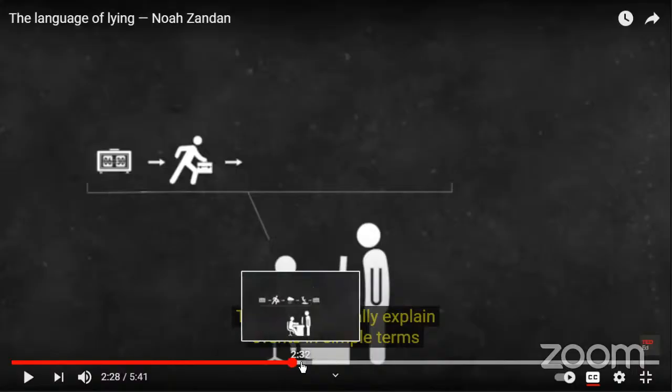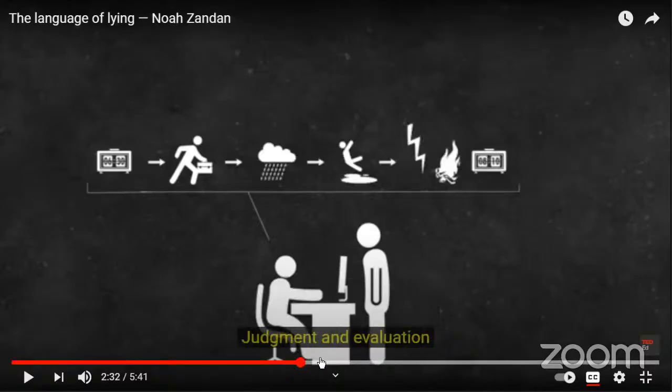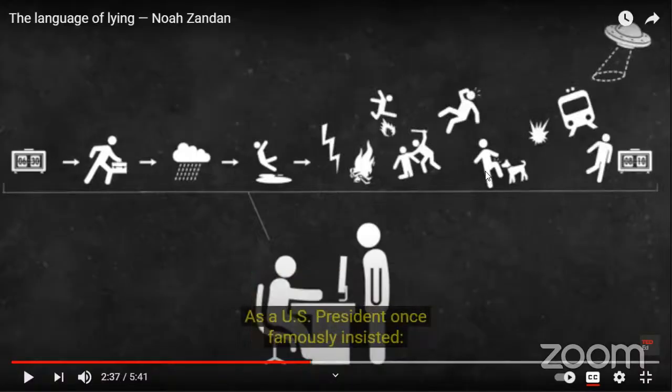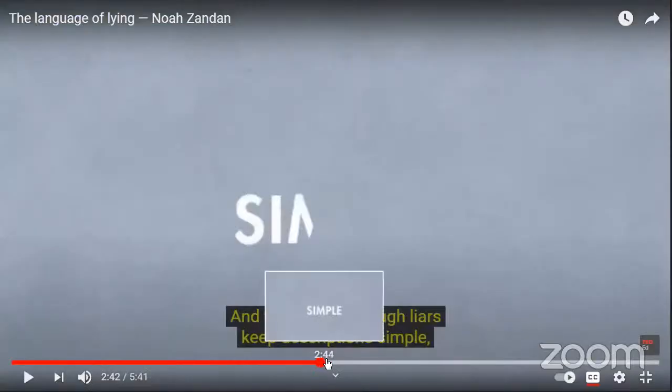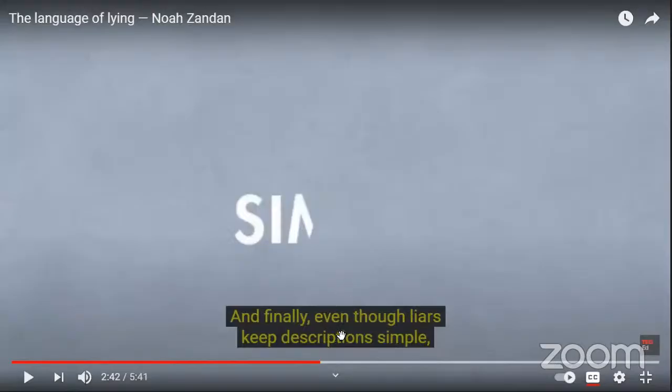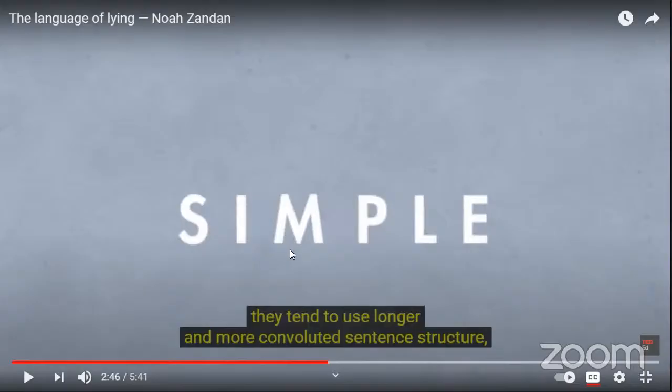The third one, and this is very complicated to understand, un poco complicado de entender. They use simple terms, okay? Liars use simple terms because they cannot use complex ideas. No pueden usar ideas complejas, así que son simples. But this is the fourth one. Even though liars keep descriptions simple, aunque sean simples en lo que dicen, they say, as you mentioned very well, and also you mentioned this, también mencionaste esto, they convulse the sentence.